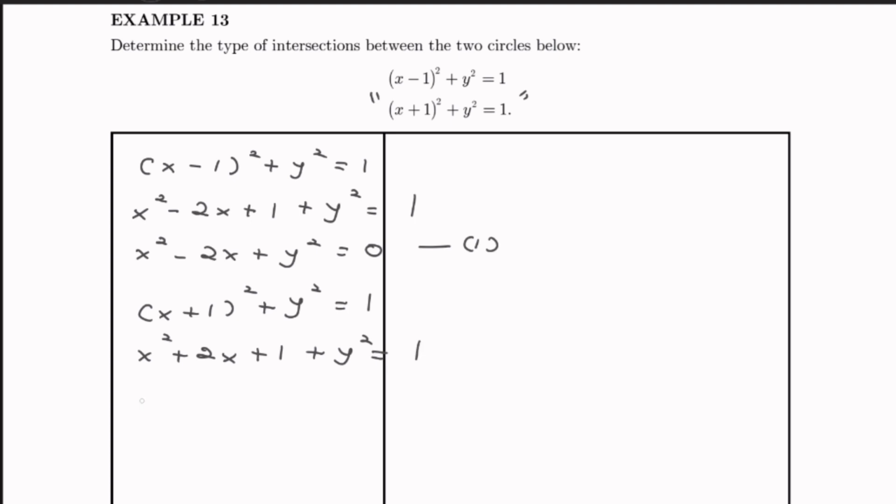Do some simple calculation: x squared plus 2x plus y squared equals 0, meaning our y squared will be negative x squared minus 2x. Let's name it the second equation.